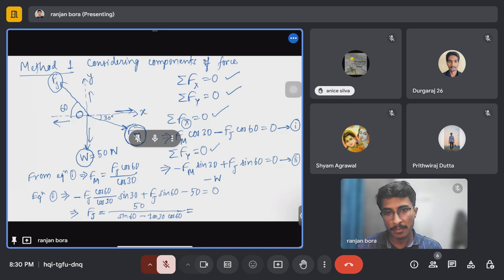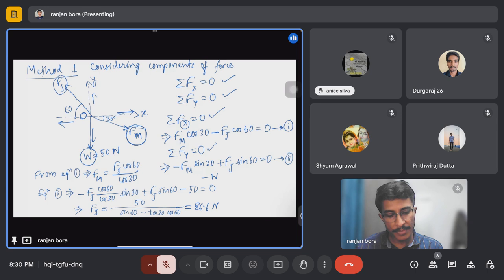What will be this? Okay, it will be 86.6 Newton. So we have found out Fj.